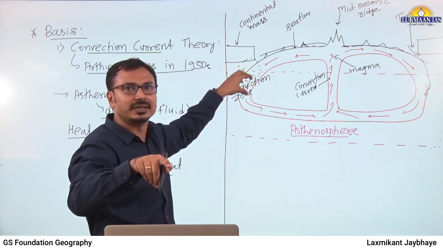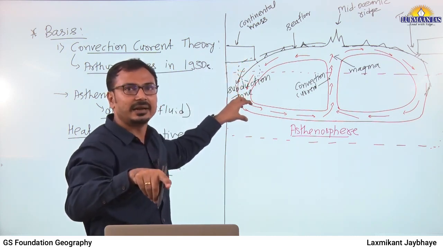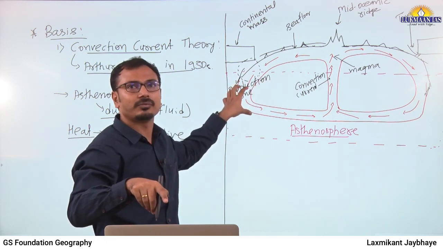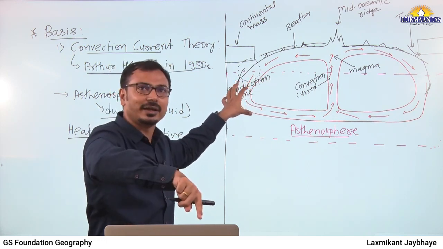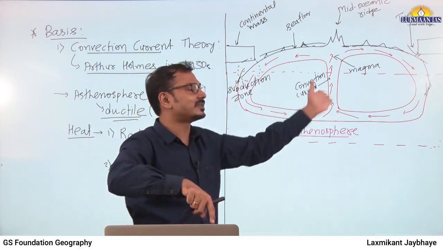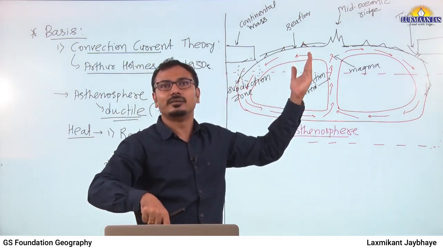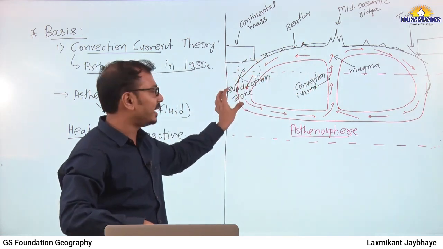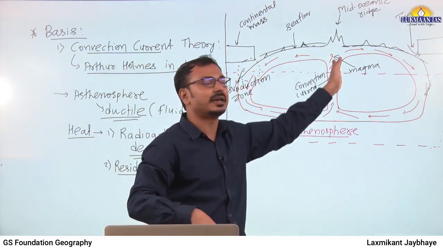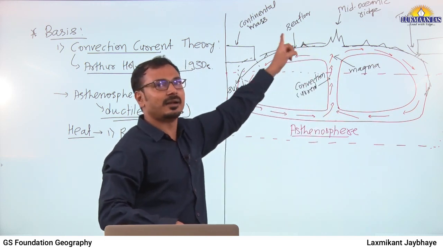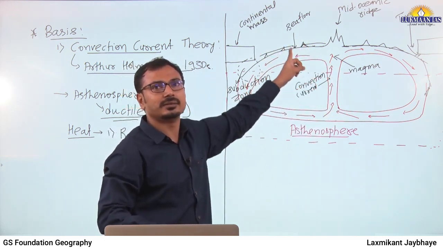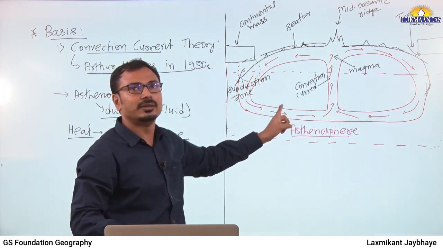As the temperature increases and it enters the heat zone of the asthenosphere, that crust is melted again and becomes part of this cycle, the convection current. Again, in a cyclic manner, this is flowing like this.